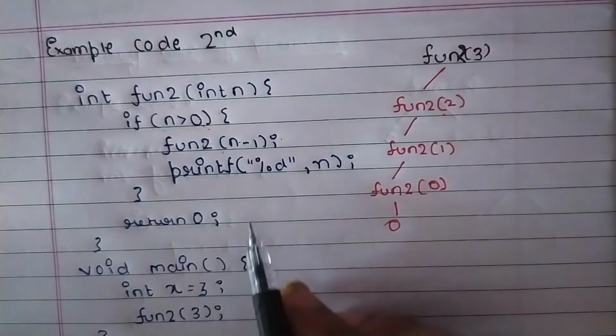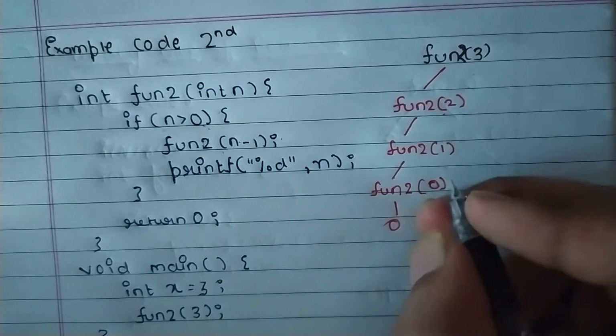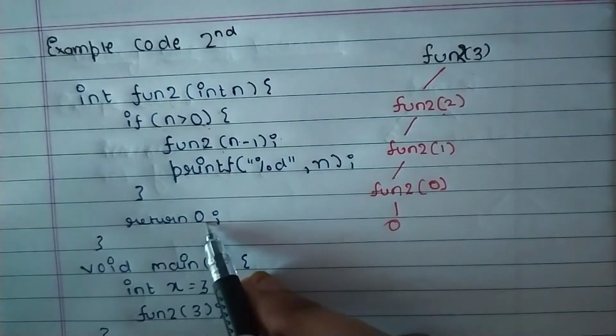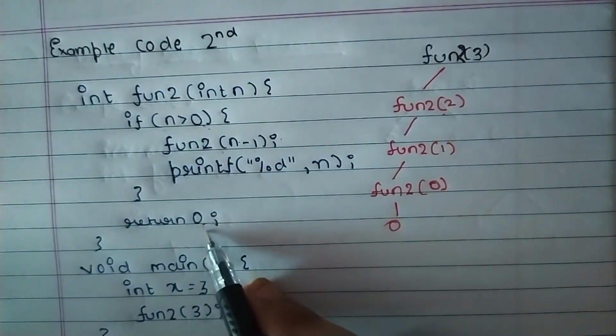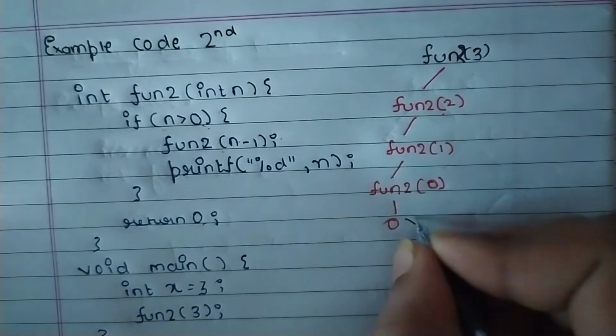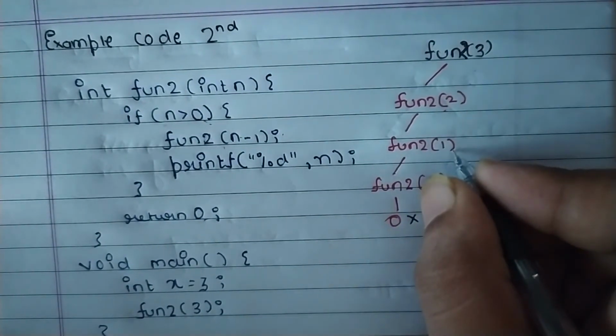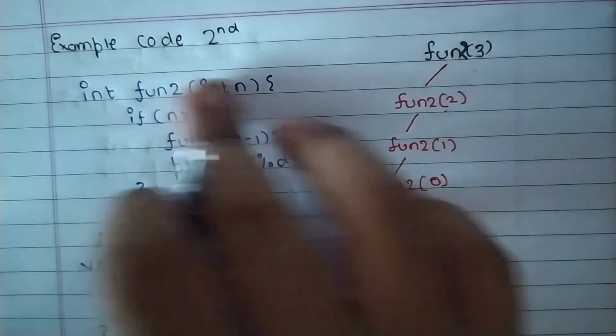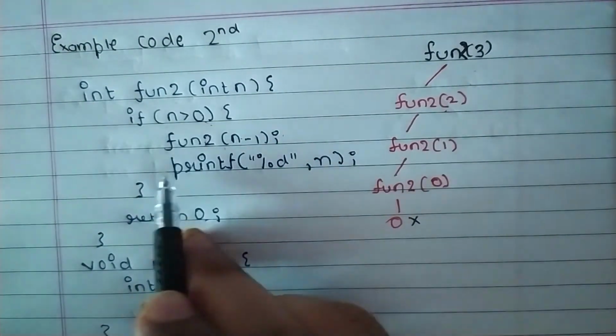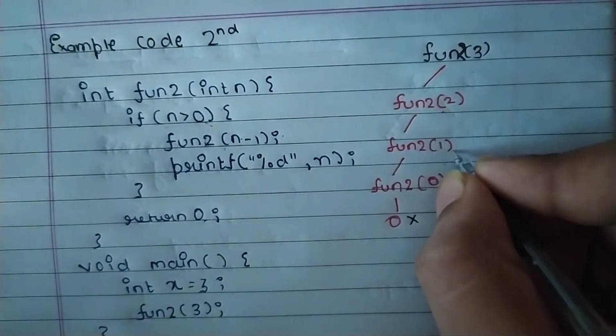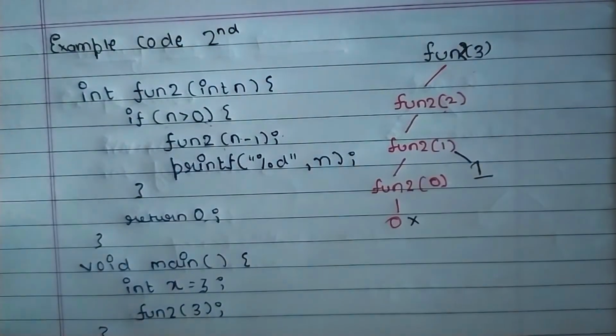Now after which what happened? It terminated with 0. Now it will go back and check if anything else remains. Yes, printf remains, so it will print 1.